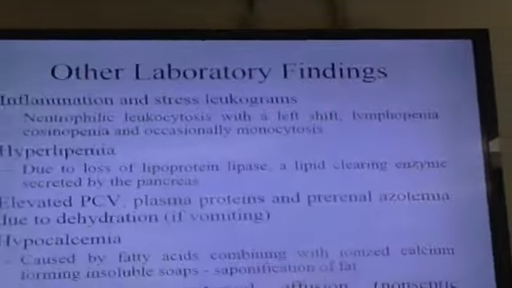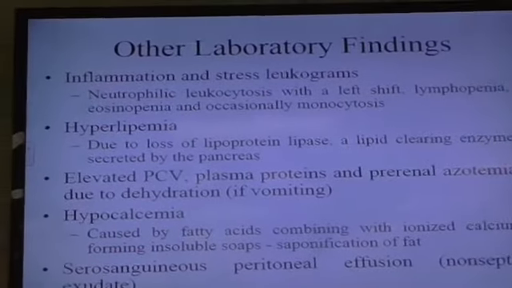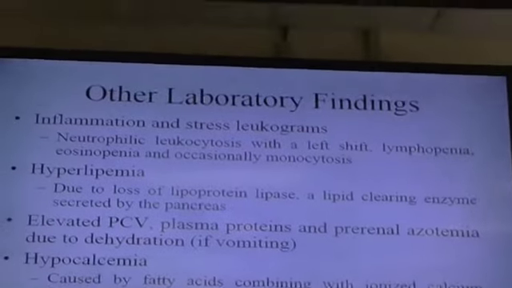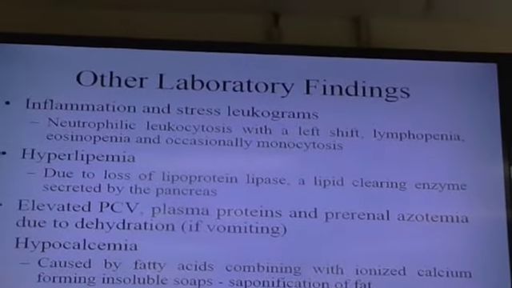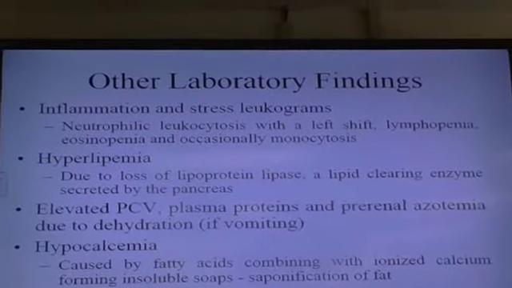Remember, amylase and lipase are the major indicators, right? And we also get hypocalcemia. Why do we get hypocalcemia? In other words, what's lipase breaking down? What's in the mesentery? When you cause fat necrosis, what do you release? Free radicals.